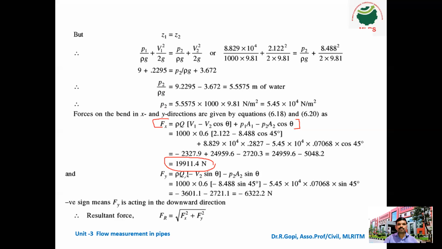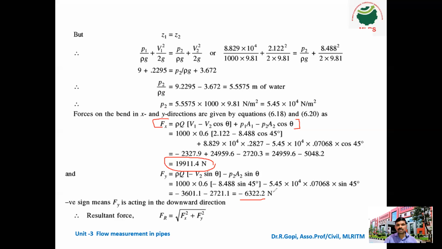Next, the Fy value: rho Q into minus V2 sin theta minus P2 A2 sin theta. So Fy is equal to minus. Okay, so you can observe Fx is plus, Fy is minus. Minus 6322.2 Newton. So minus indicates negative force.